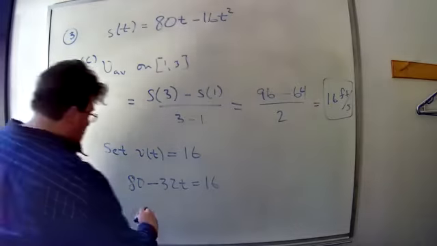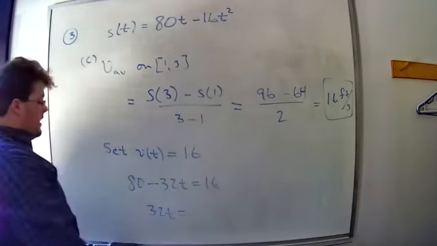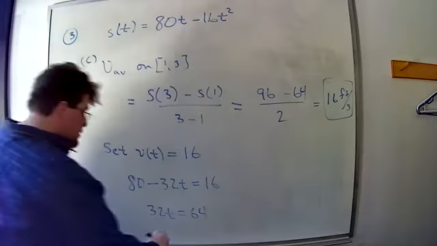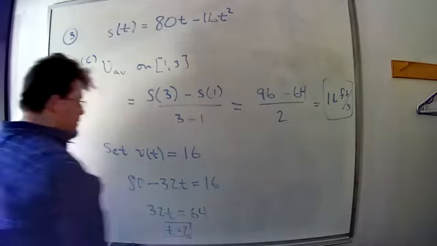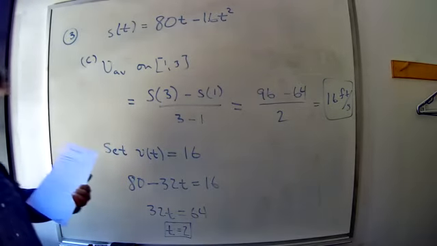How do we solve that? I'm going to put 32t on that side. 80 minus 16 is 64. Divide by 32. So you get t equals 2, in this case seconds. Any questions about that one? Any questions about any part of number 3?